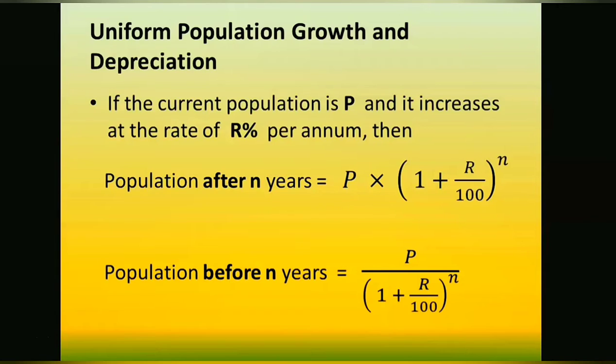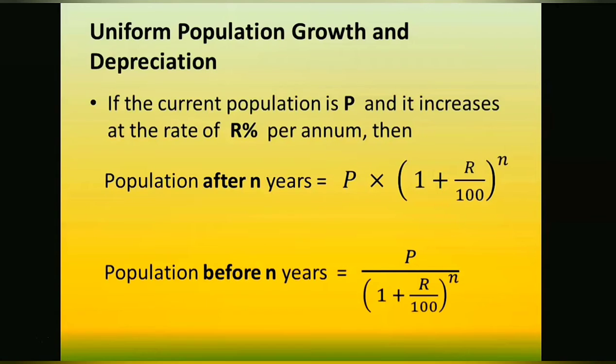So, at present the population is 1000. Then the next year it will be 1000 plus 10% of 1000, which is equal to 100. So, it will be 1000 plus 100. This will be the population after 1 year.